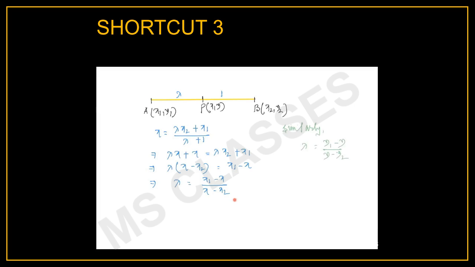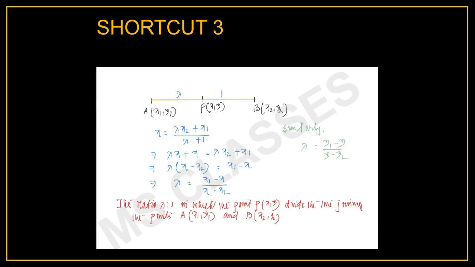So from this, we understand that the ratio lambda is to 1 in which the point P(x, y) divides the line segment joining the points A(x1, y1) and B(x2, y2) is given by lambda by 1 equal to (x1 minus x) by (x minus x2), or lambda by 1 equal to (y1 minus y) by (y minus y2).